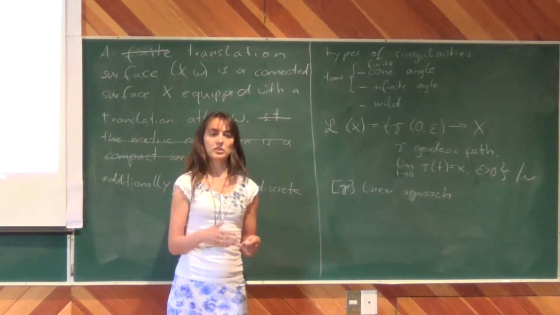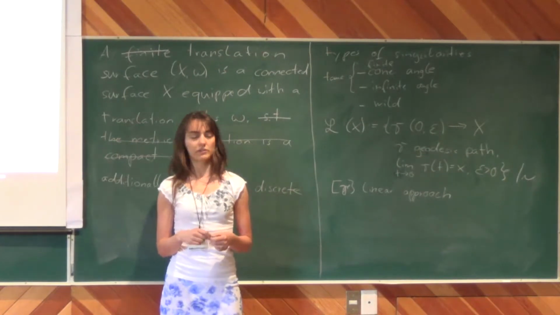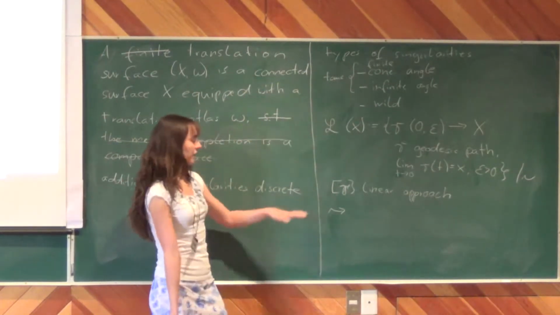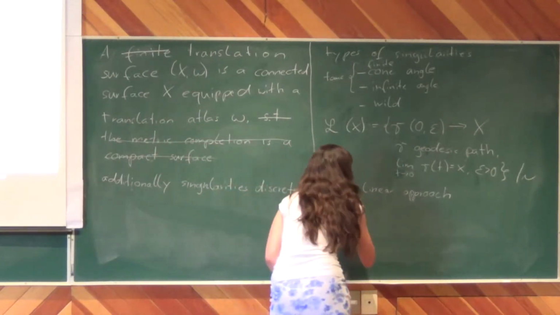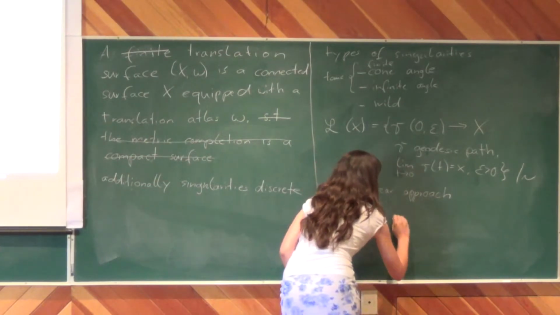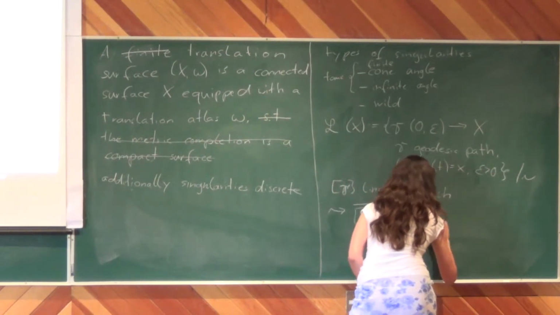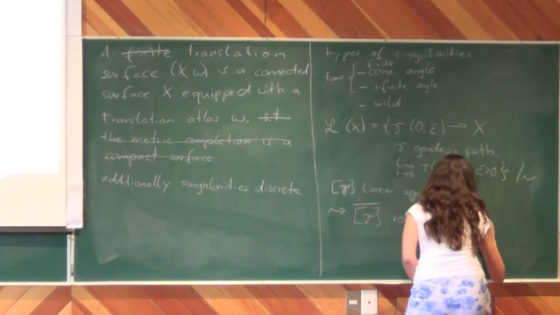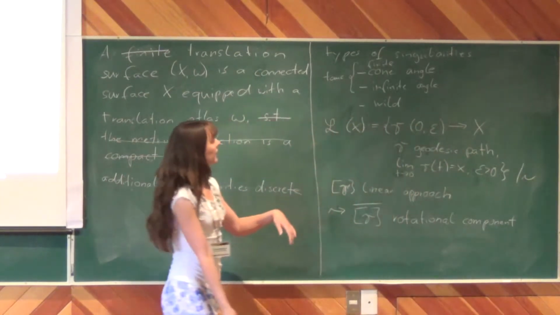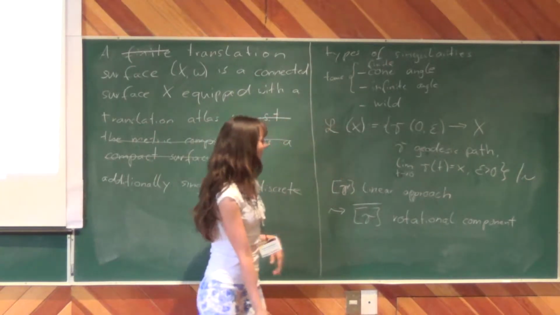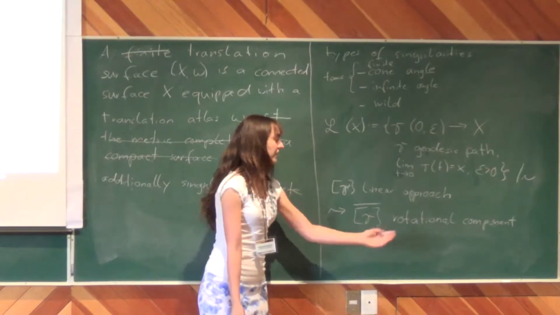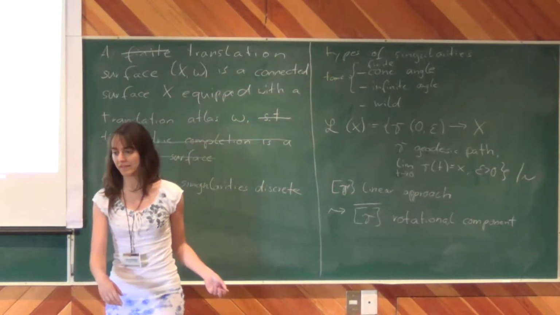Then look which linear approaches are in the image of this. And so we can identify some linear approaches, and what we get is called a rotational component. Okay, if you're used to these sorts of singularities, it's not clear why we should consider rotational components, but we will see some examples.